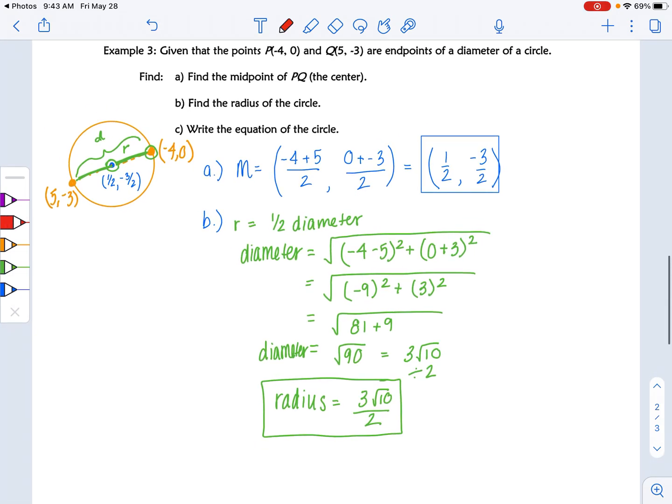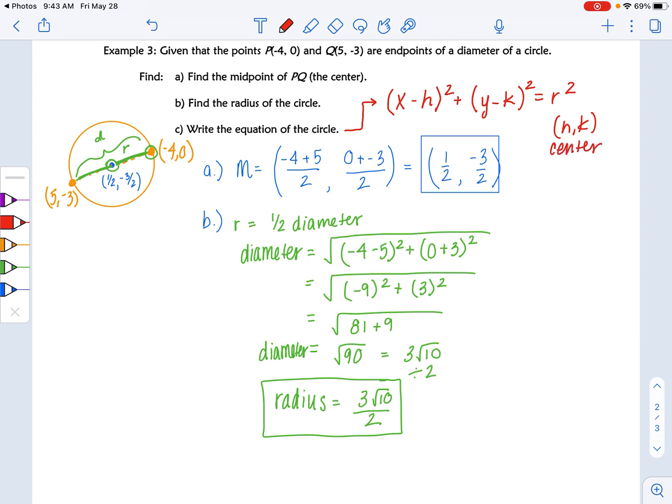The last thing that might be a little new to us is the equation of a circle. The equation of a circle is x minus the center, so usually you can call this h. y minus the center equals the radius squared. Okay, (h, k) is the center.